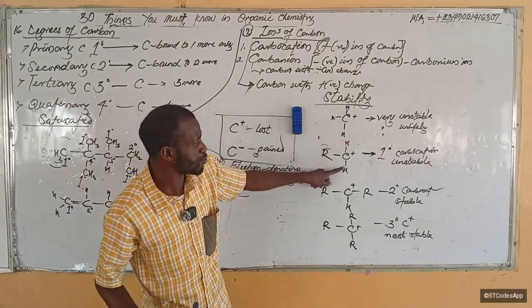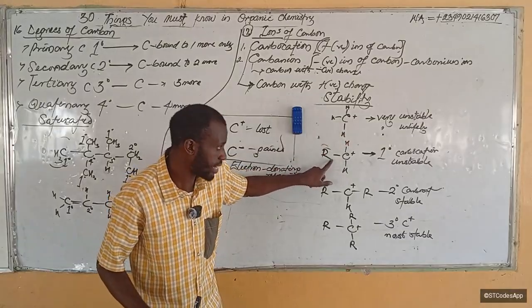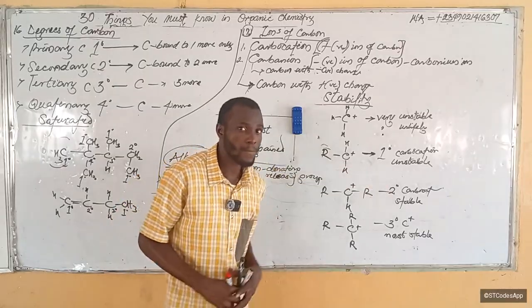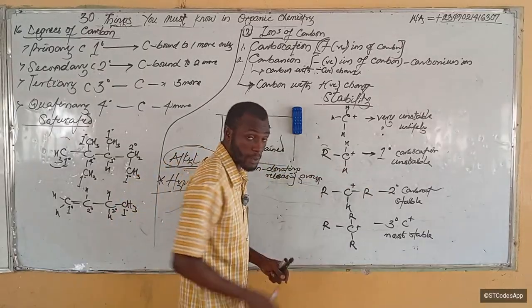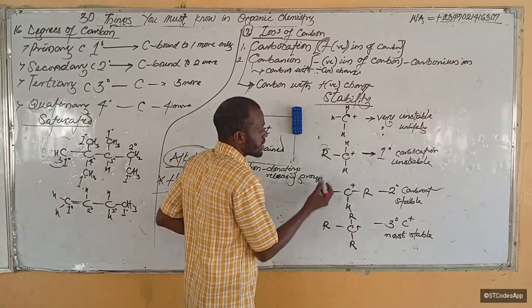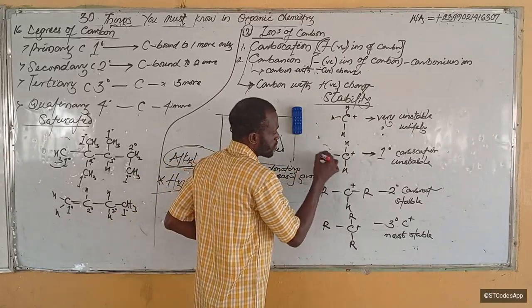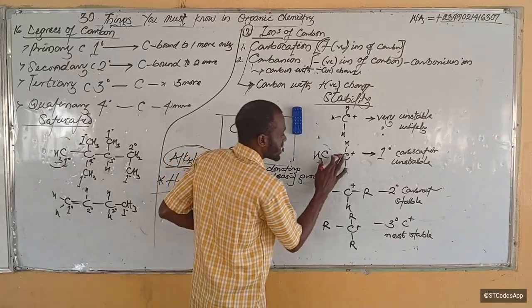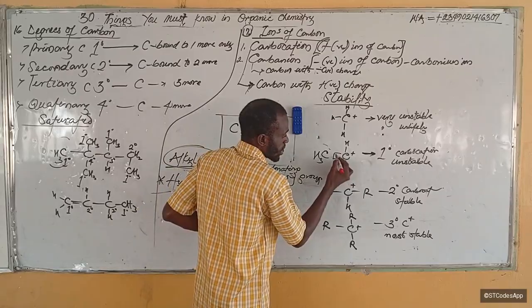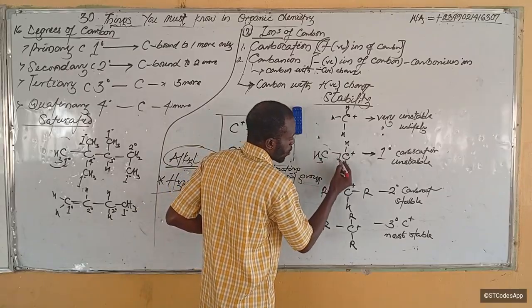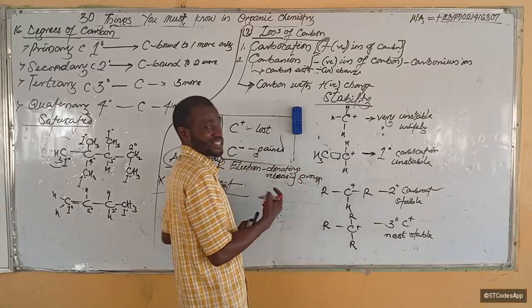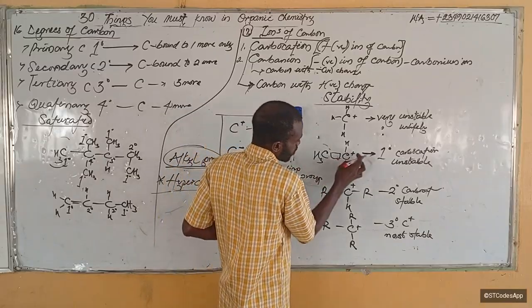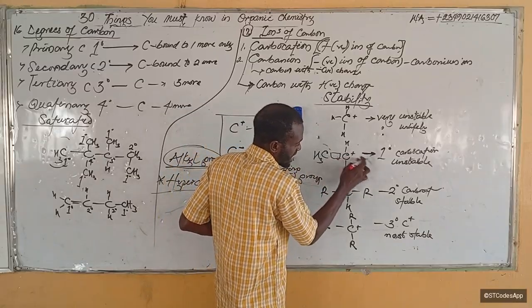But compare that to this guy. Now you see this guy is still unstable, though, but this R group is capable of doing something. Because this R group, if it was just a methyl group here, this methyl group is an electron donating group. What it does is that it pushes, because it is quite satisfied with the electrons it has, so it can push, because there's an electron deficient center here.